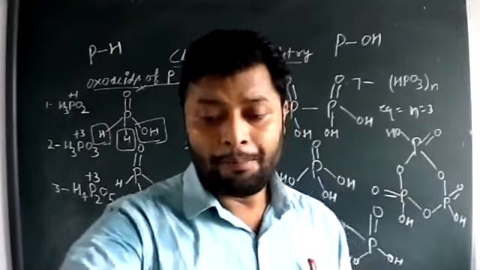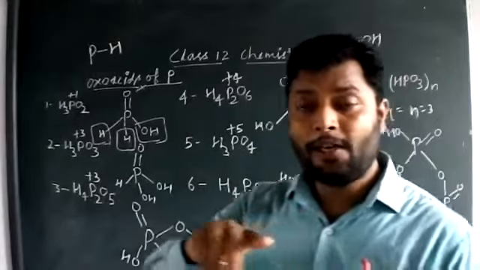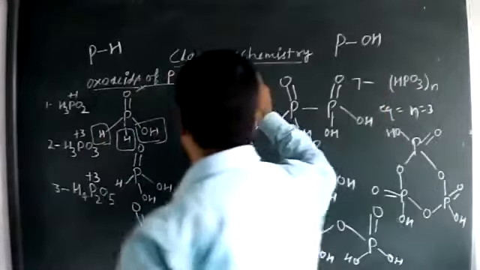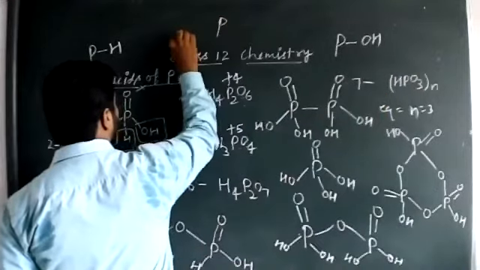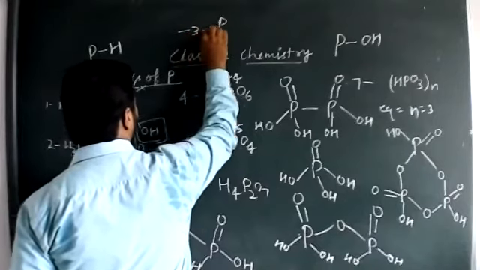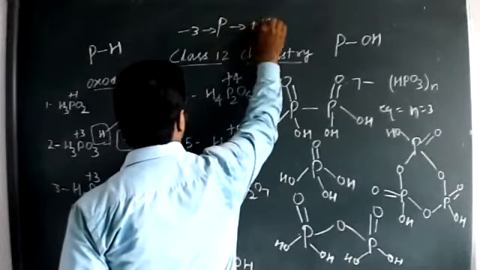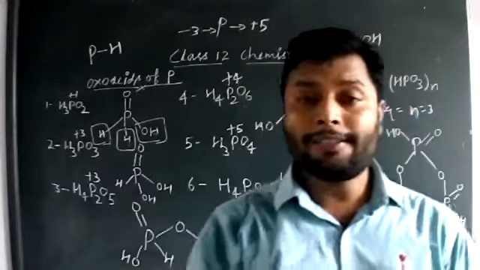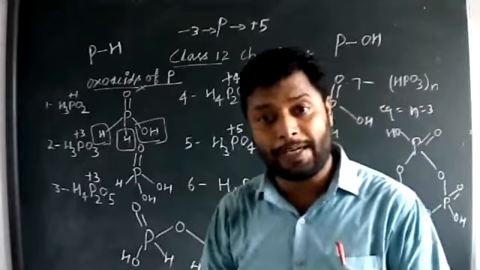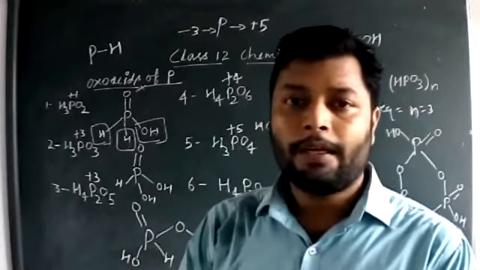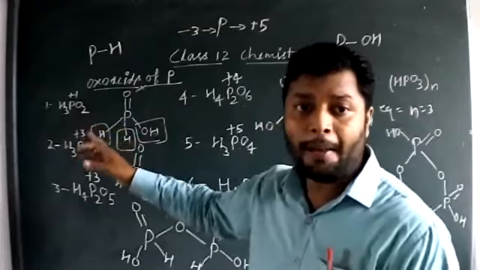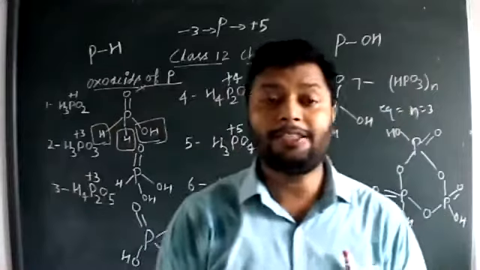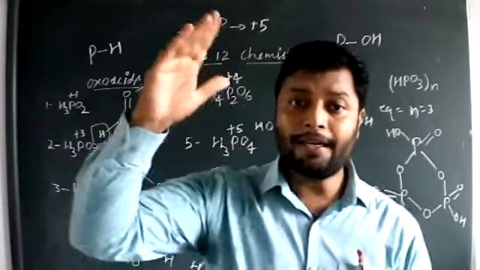For example, phosphorus can vary its oxidation number from -3 to +5. It means if there is oxidation number +1, +3, +4, they can disproportionate in their solutions into higher and lower oxidation numbers.